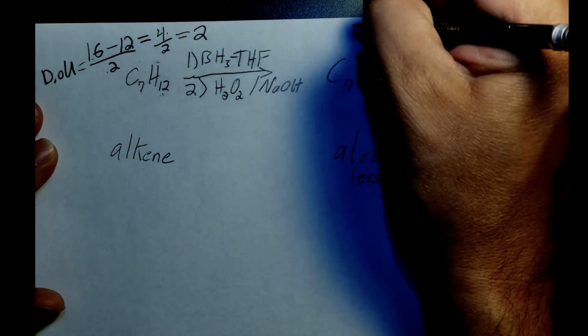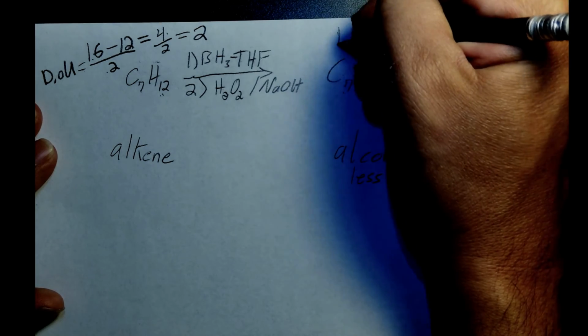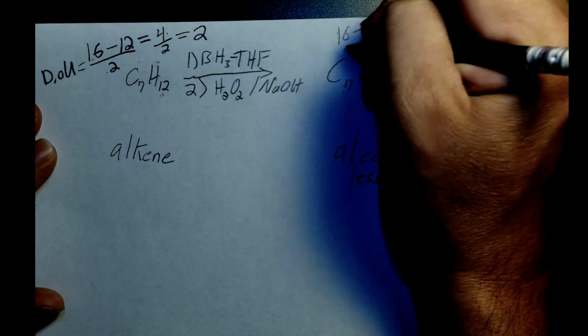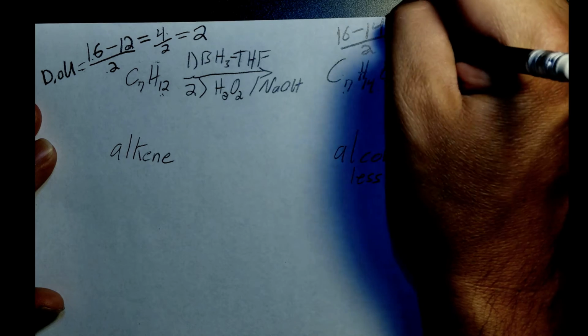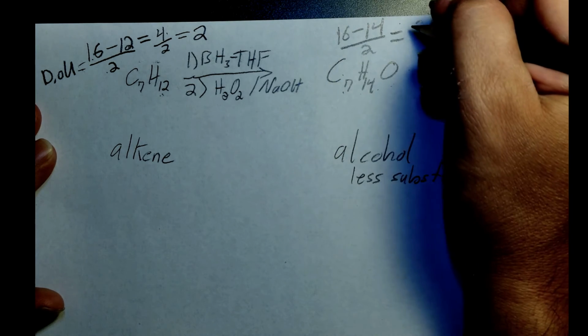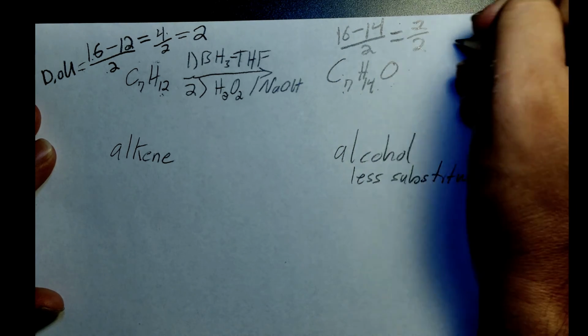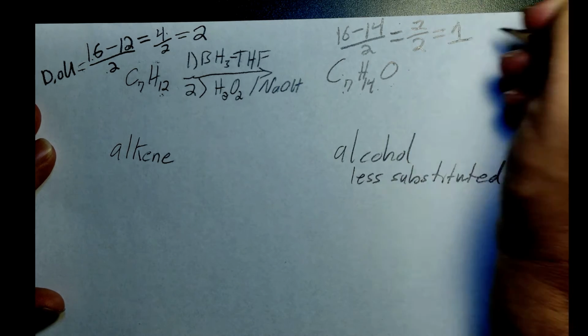Over here, we have C7H14, so we've got 16 minus 14 divided by 2, which would be 2 divided by 2, or in other words, 1 degree of unsaturation.